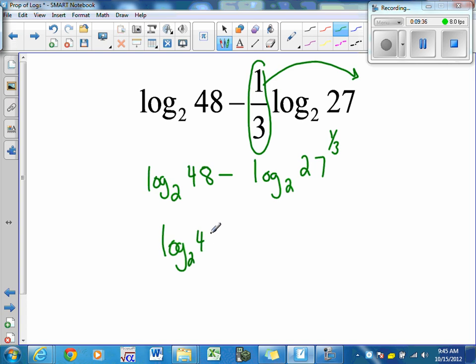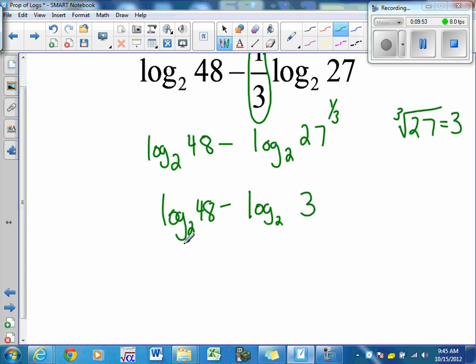How well do we know our cube roots? 27 to the 1/3 power is the same as the cube root of 27, which is 3. So this is log base 2 of 3.